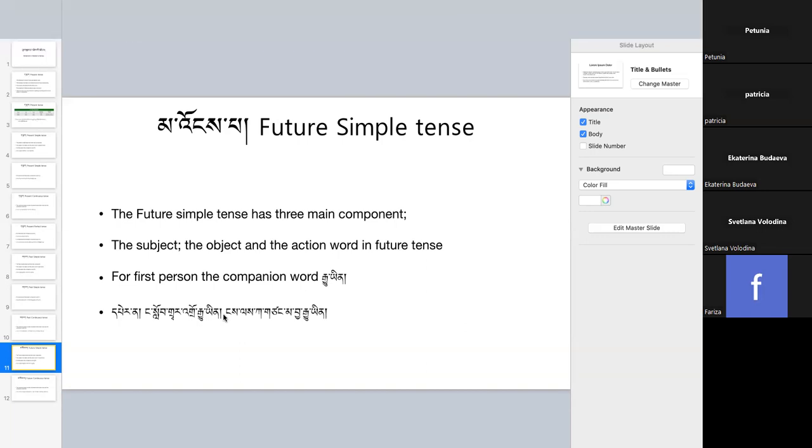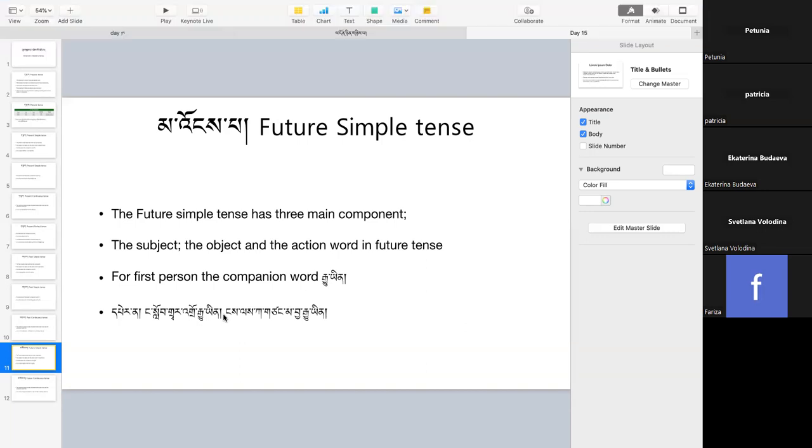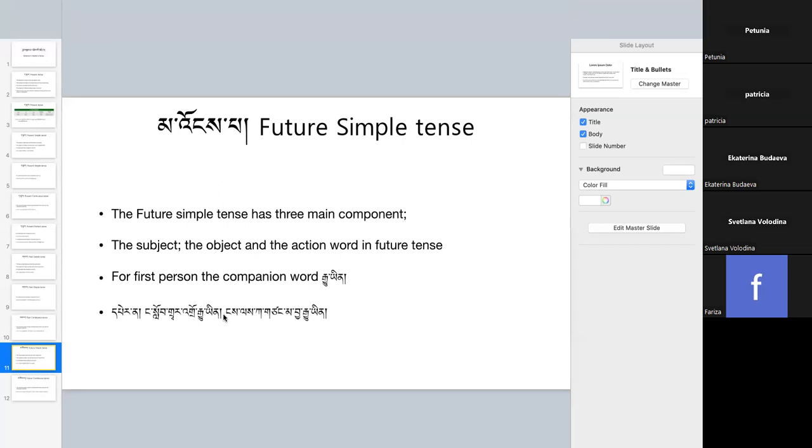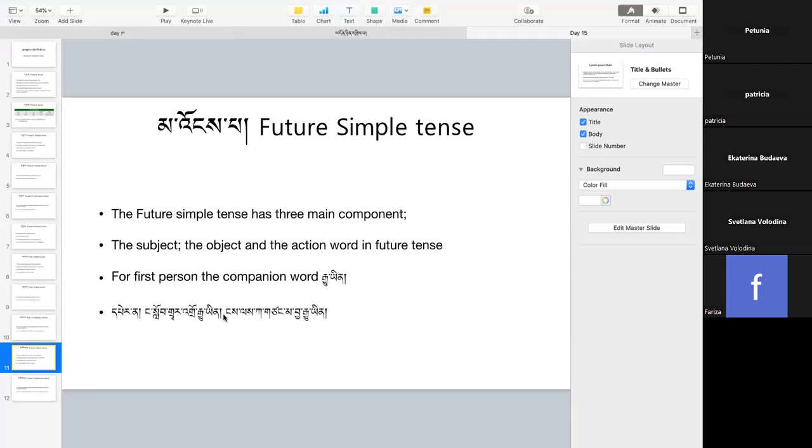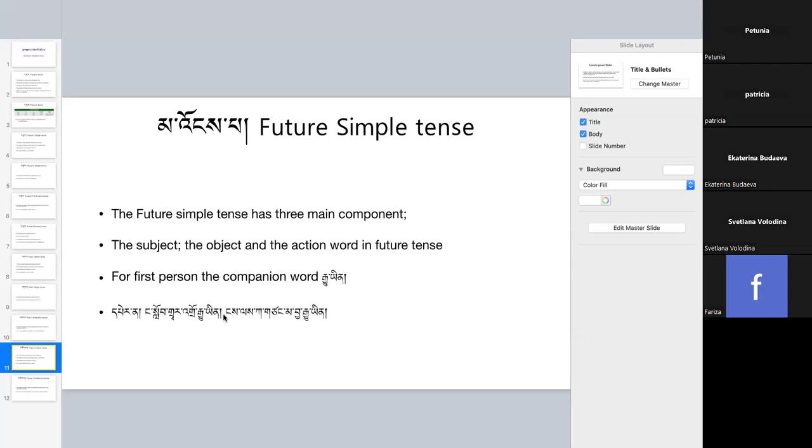I went to school. Nga lopta drogyu yin. I will be going to school. So we see the variation here. There is a great variation in the companion word. So the thing that determines which tense it is has to do with both the verb as well as the companion word.